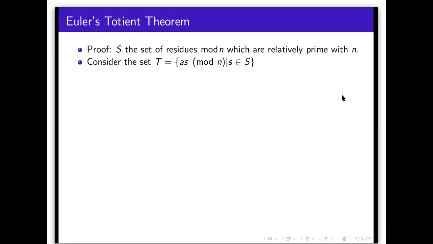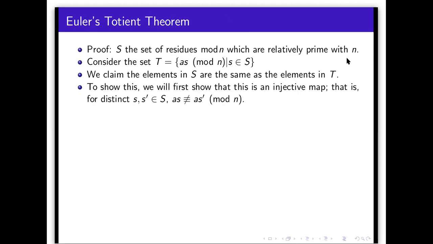Another thing that we claim is that T basically has all of the same elements as S. To show this, we can show that this map from S to T is an injective map. That means if we have distinct elements s and s prime in S, then a s is not equal to a s prime mod n.